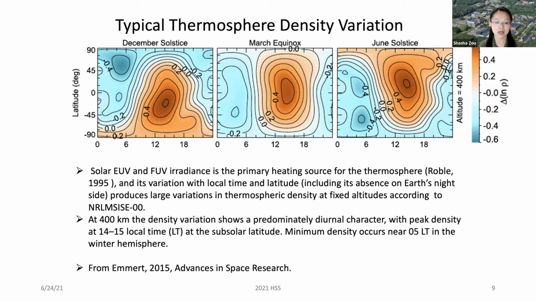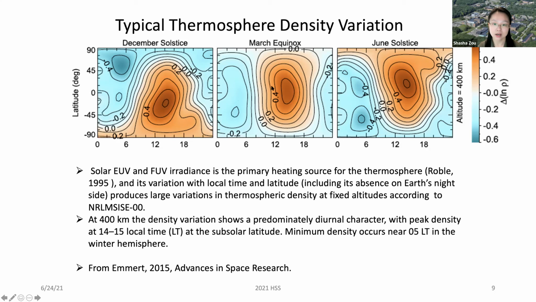So on the day side, where you directly face the sun, those regions will be heated the most. Then you should expect to see a very clear diurnal variation of the thermosphere density and temperature. If we look at the middle one, this is the March equinox. It's easier to start with the equinox.